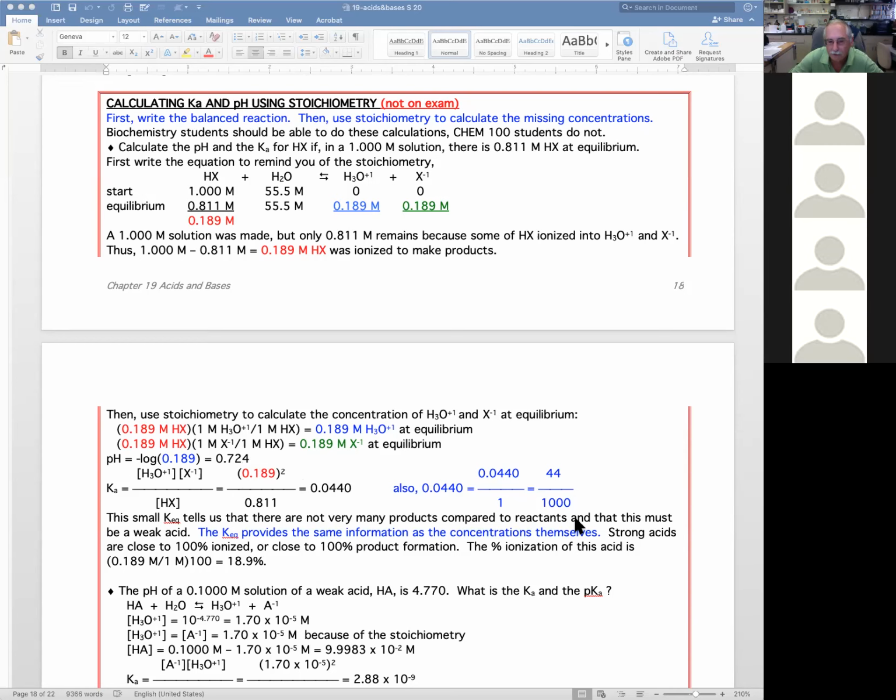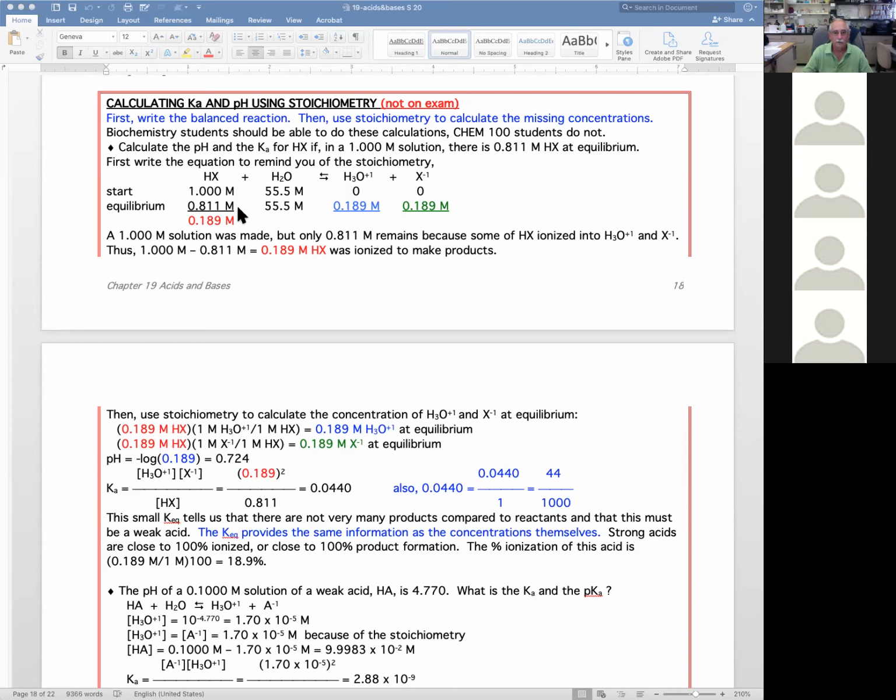So did the reaction go far? The answer is no. Look, the number is right here. This number tells us this information up here. At equilibrium, most of it is still in the unionized form of the acid. So is this a strong acid?